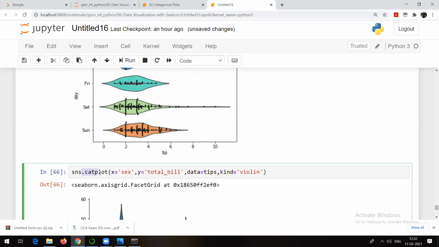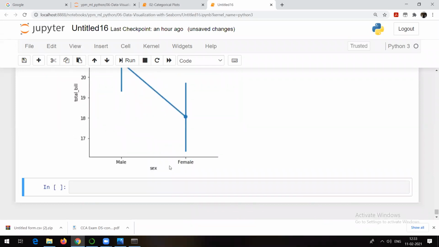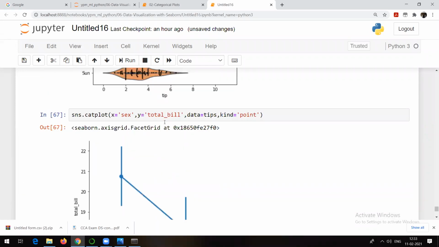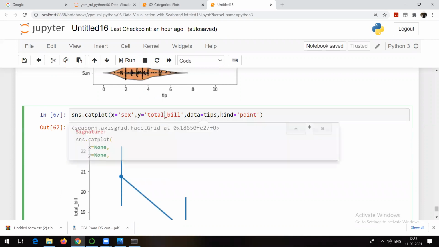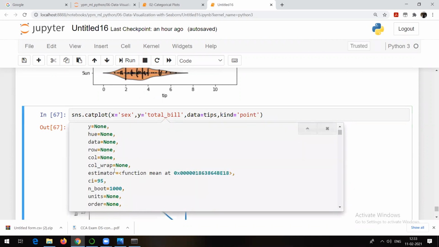So in catplot, you have a lot of options. Let's suppose I try point. See, the point plot is showing me something like this. For male, total bill is more as compared to female. By default, the estimator is average or the mean.